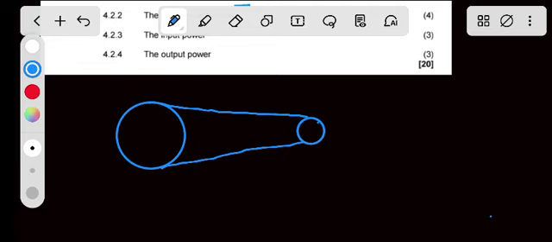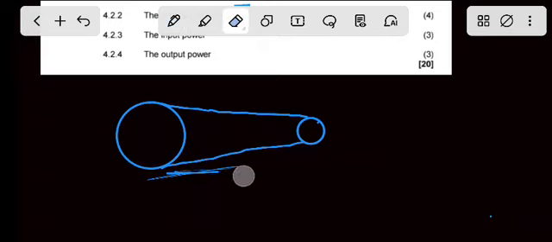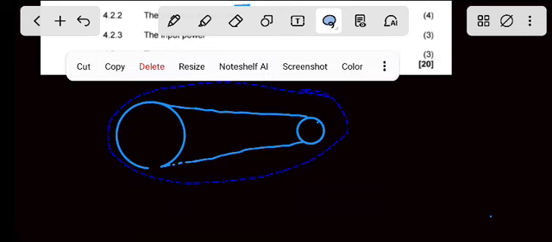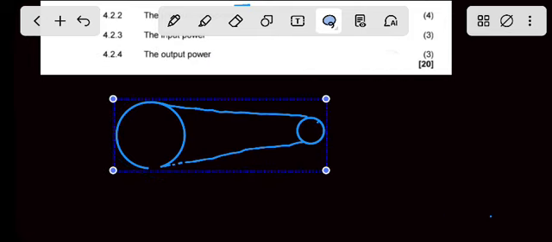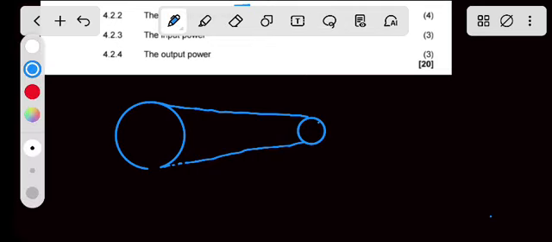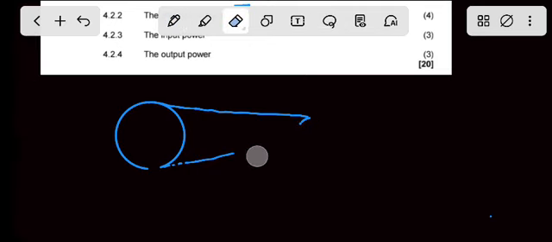Now the problem here is that this pipe is not placed exactly horizontal because there's a distance there. You can rotate it like that, so it is not completely horizontal.